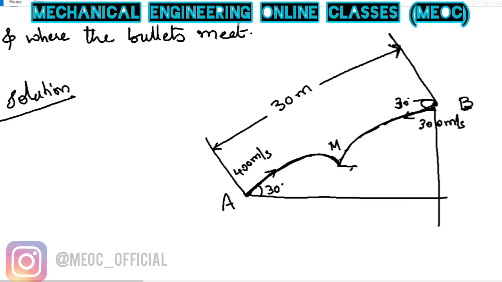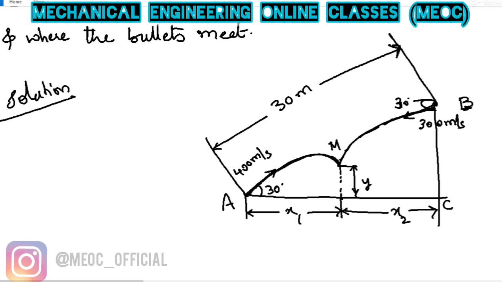So let this particular height at which they are meeting from the ground be y, and we have to also find this value of x and this value of x. Let this be, say, point C. So the horizontal distance covered by bullet from A is x1.